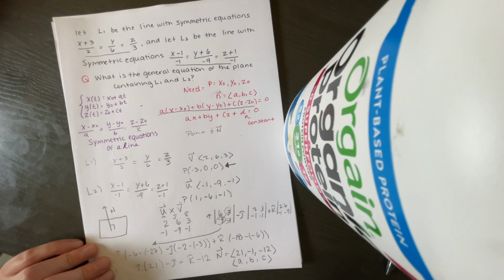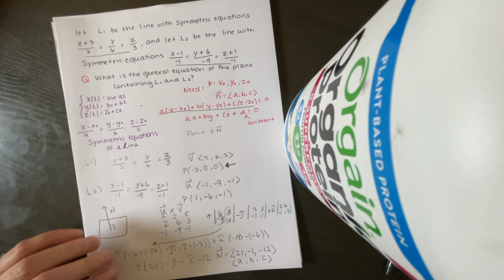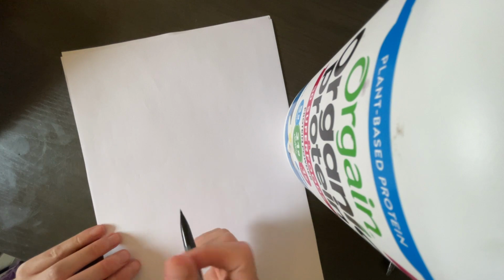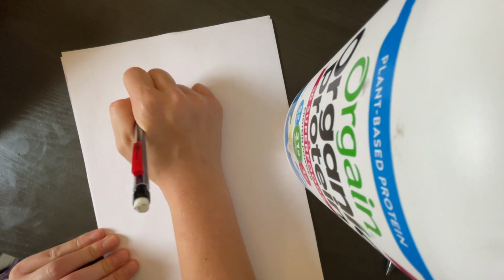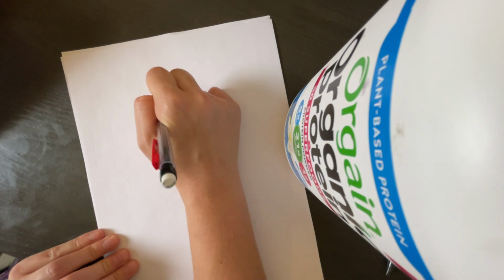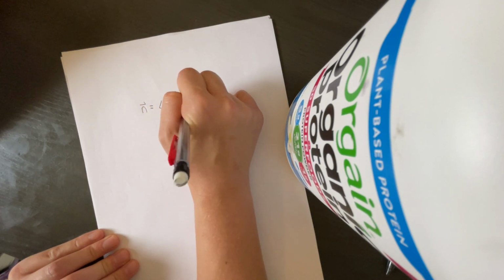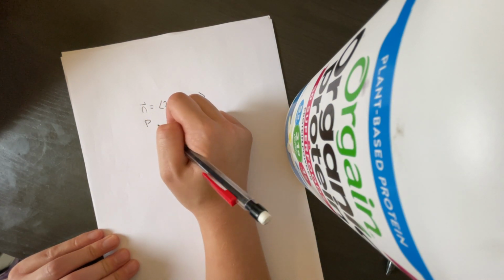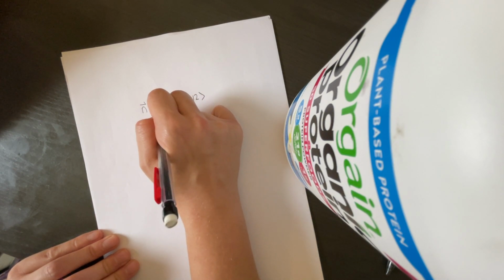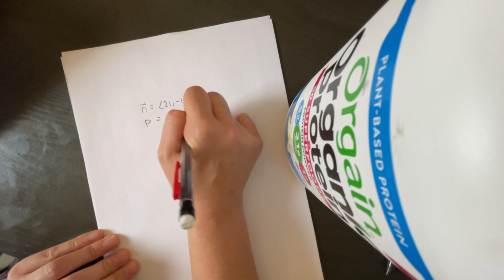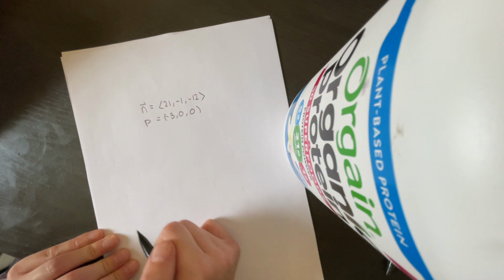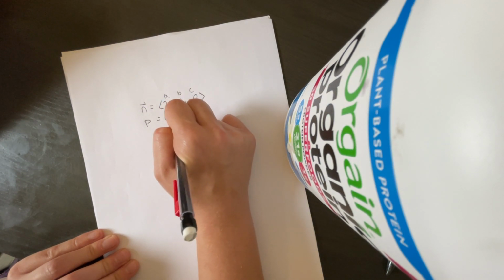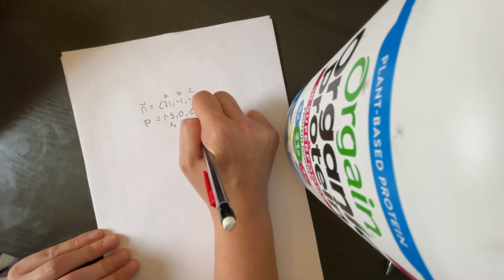Now that we found our normal vector, 21, negative 1, and negative 12, and we have our point from one of our lines, negative 3, 0, 0, we can use this equation because this is A, B, and C, and this is x naught, y naught, and z naught.